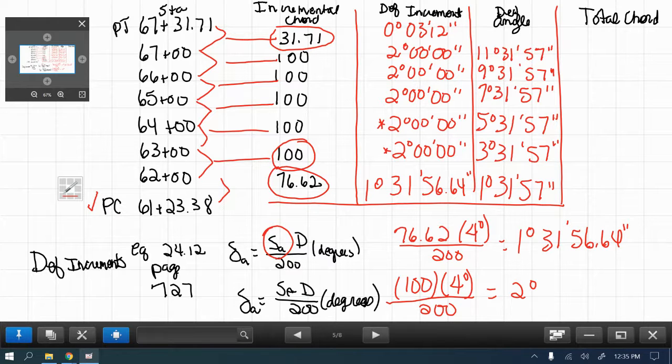And then I'm going to add my last one. So I'm at 11 degrees, 31 minutes, 57 seconds. And then I'm going to add the 0 degrees, 03 minutes, 12 seconds.